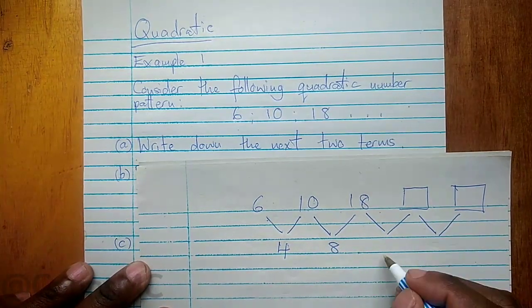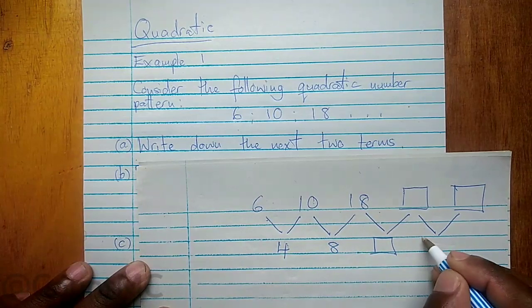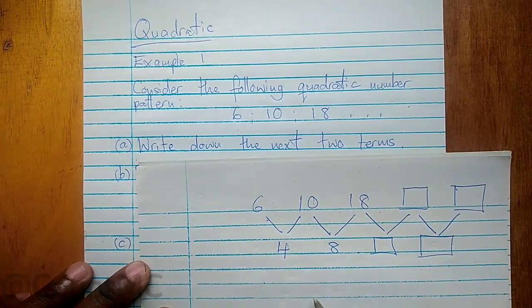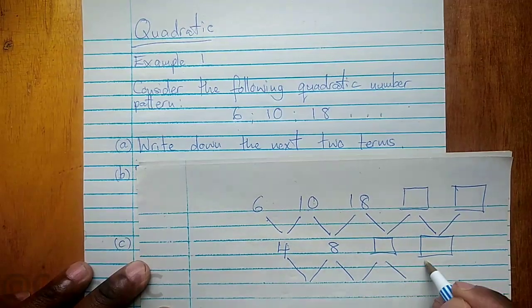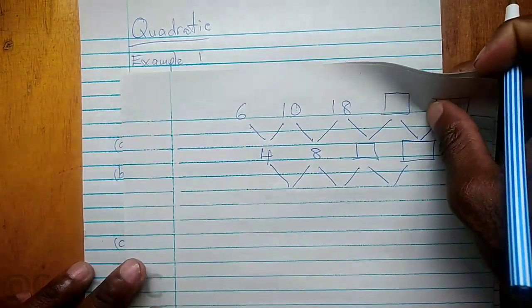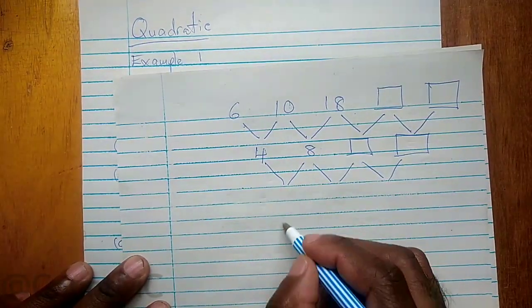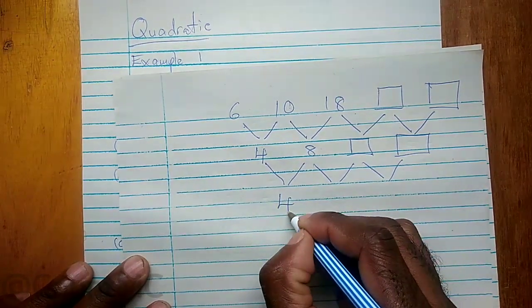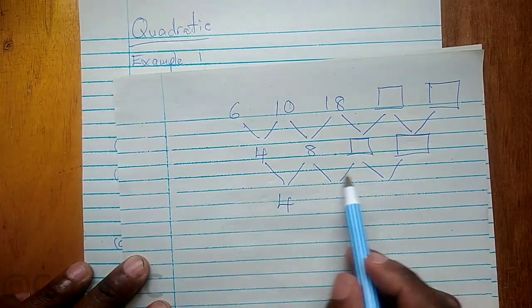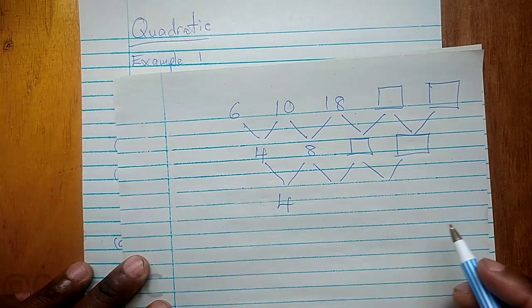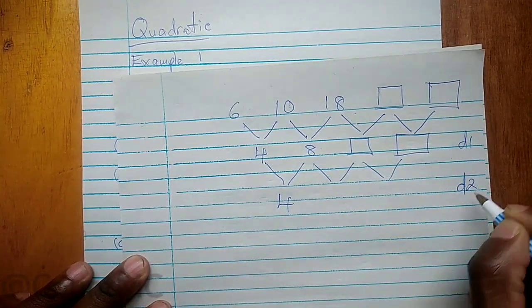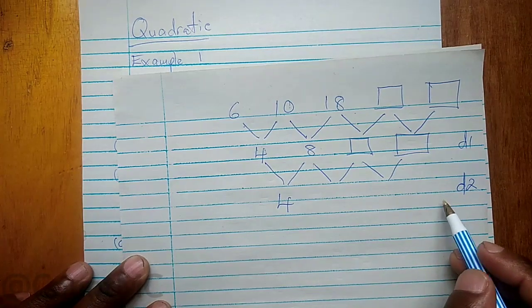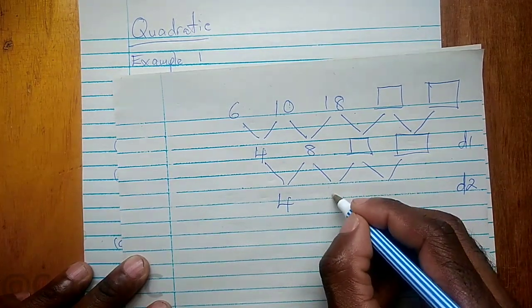Now, because we don't know what's there, let's just put a blank here, and also a blank here. Let's write the second difference. 8 minus 4, that's a 4. Since this is a quadratic, we know that on D2, that's where our common difference is, so everything here is 4.